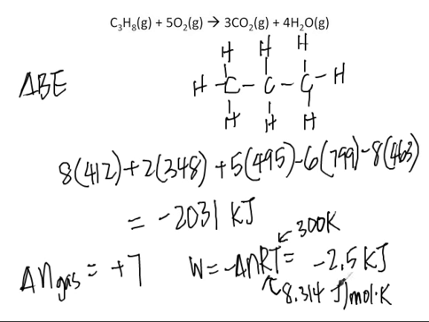And then we convert it to kilojoules. Okay, so this is, remember, negative work is work done by the system. So really make sure that you understand what the negative and what the positive work means.